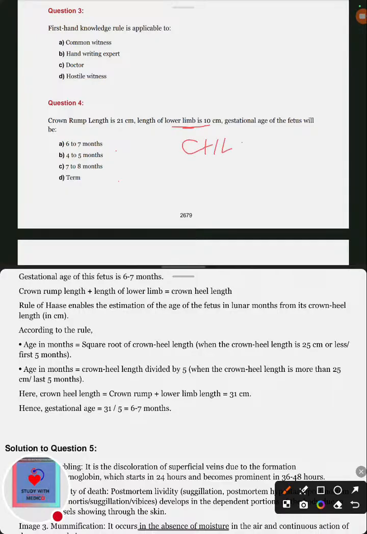If it is less than 25 centimeter, take the square root. If it is more than 25 centimeter, divide it by 5. You get the answer.